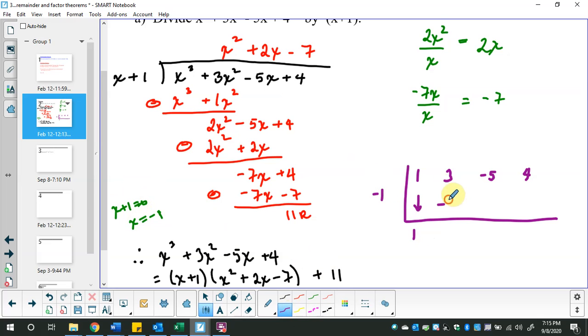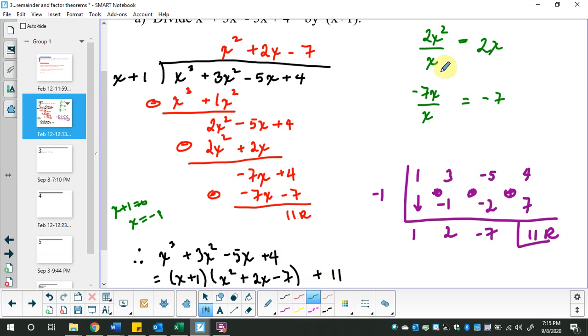Multiply, add. Multiply, add. Multiply, add.